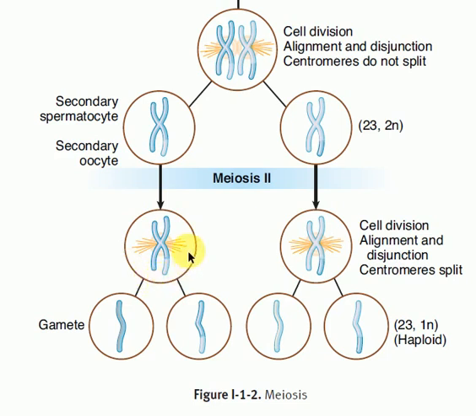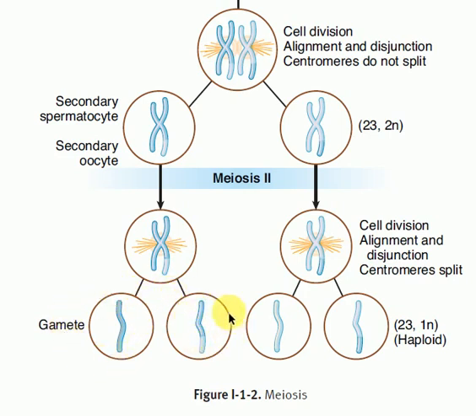Ovulation occurs, and when this ovum reaches the fimbriated end of the fallopian tube, if it is fertilized by sperm and fertilization does occur, it will complete the second meiotic division, giving off this gamete and the second polar body.